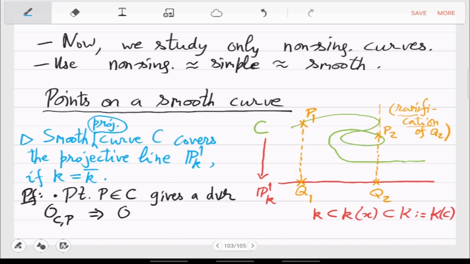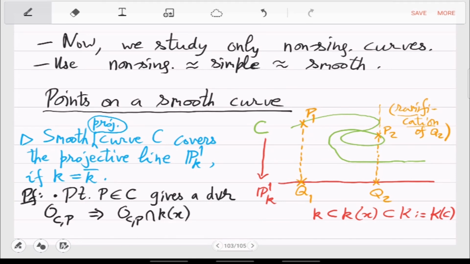So when I say point P, you can think of it just as an actual point on an affine curve. Basically, you take the affine open. In the affine open patch, you get this DVR, and you look at the elements which are in k(x). Take the intersection with k(x).